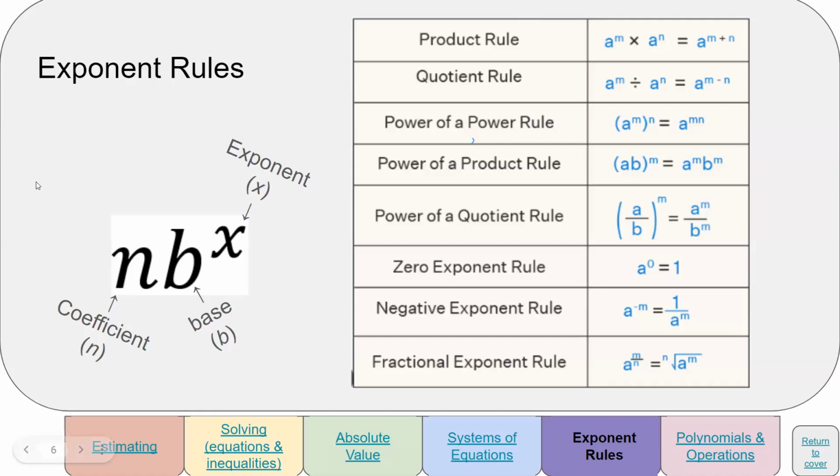So one thing that I do like to remind people of with division is division can also be written as a fraction. So this would be the same thing as a to the m divided by, that's just the same symbol, a to the n.